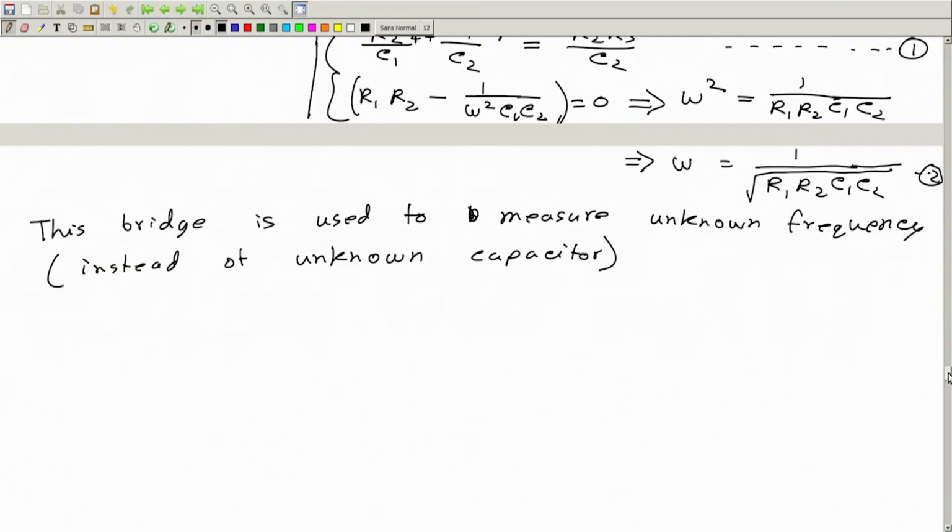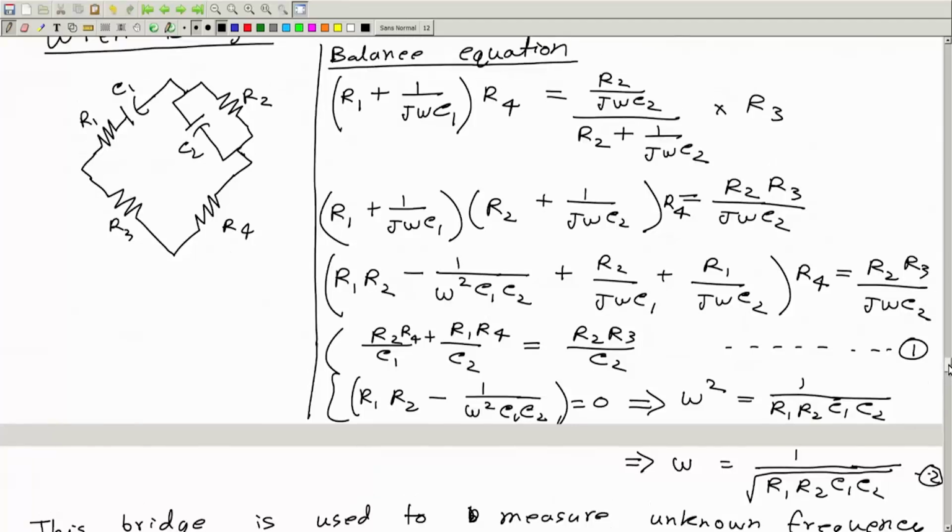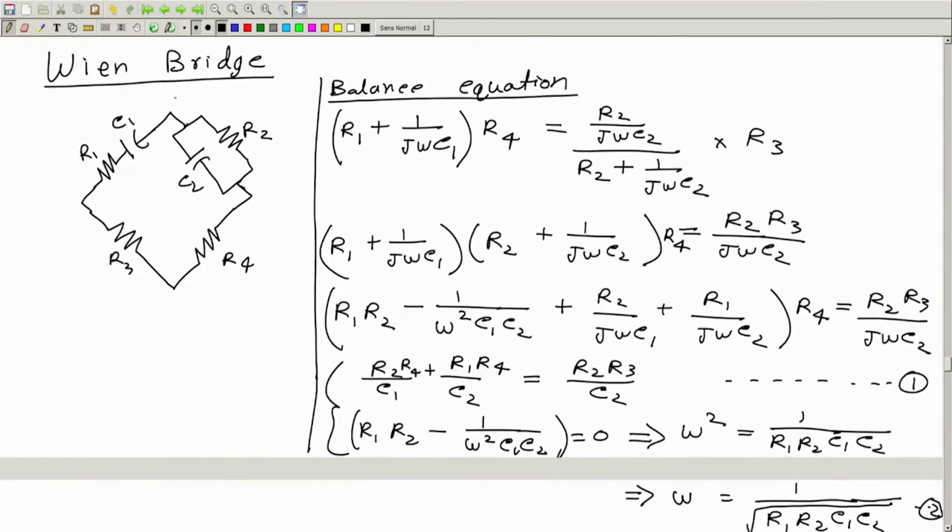So, therefore, you can also adjust the frequency of the supply voltage. If this frequency is omega, angular frequency is omega, which means omega is actually 2 pi f. F is the frequency in hertz, this is in radian per second.